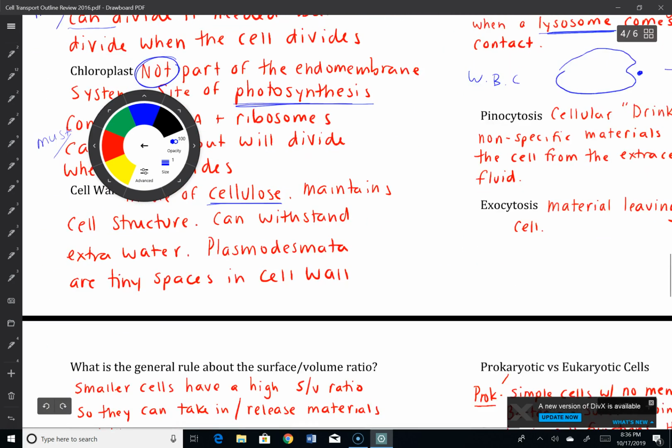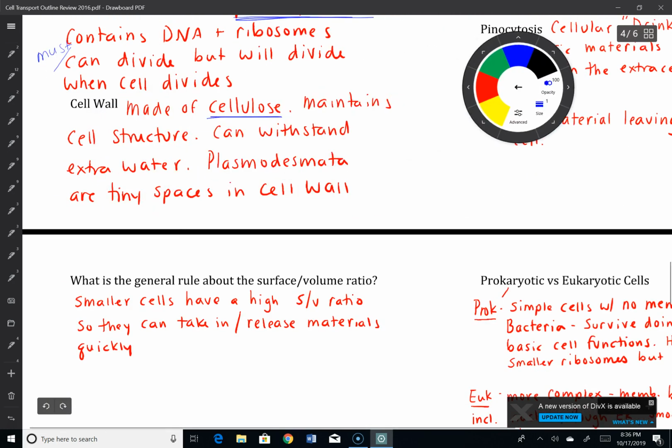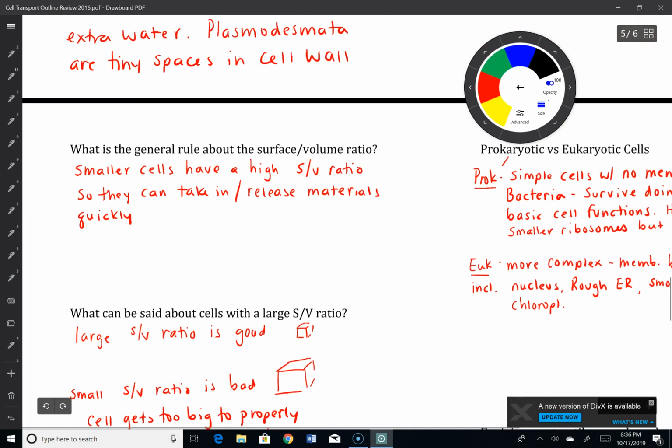We spent a lot of time talking about cell size and surface area to volume ratio. And again, the surface area doesn't really matter. The volume doesn't really matter. It's all about the ratio.